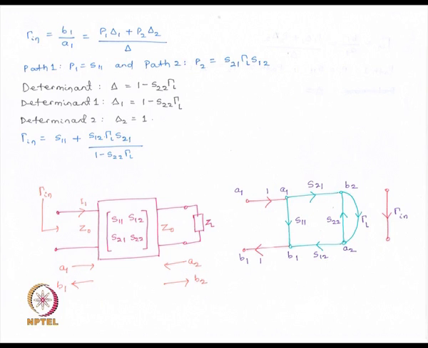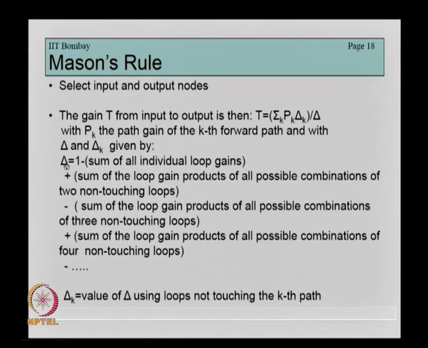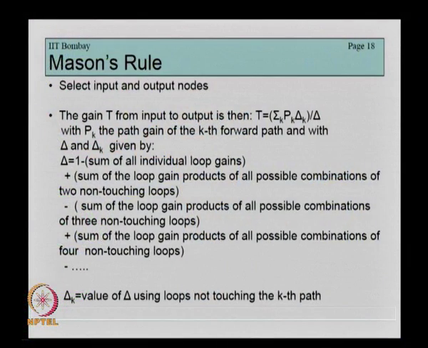Now let us go back to the definition of delta. Delta is 1 minus the sum of all individual loop gains. If we have one loop, then we will have only one loop gain. If we have two loops, then we will have two loop gains. So this term within this bracket refers to the sum of all the loop gains.